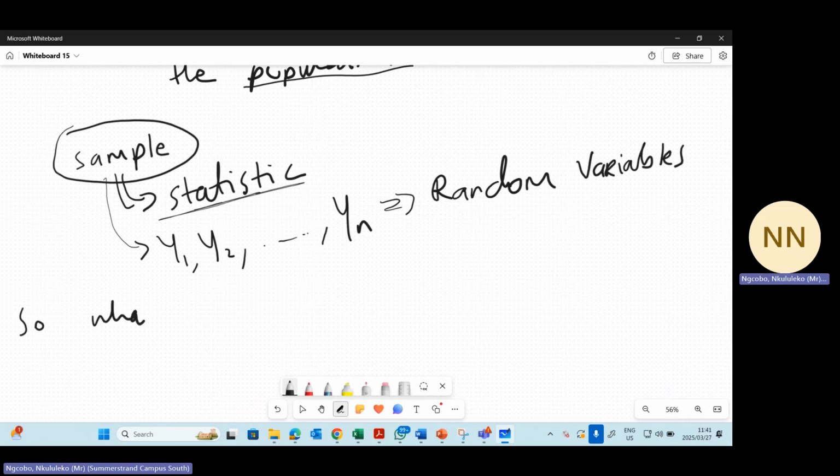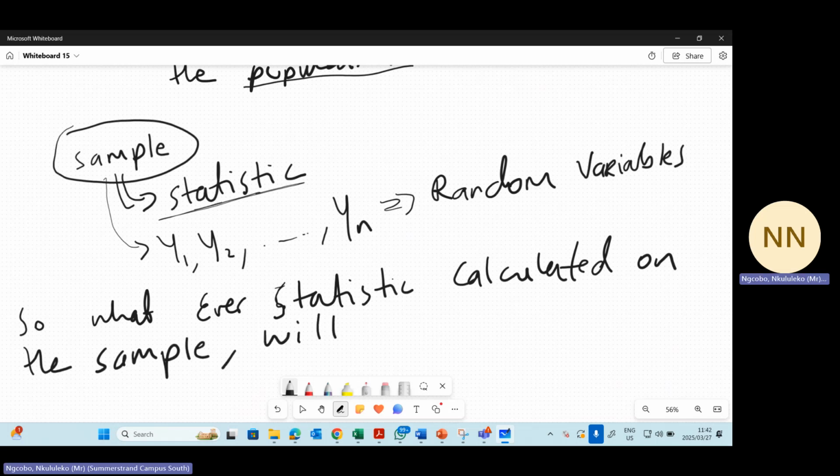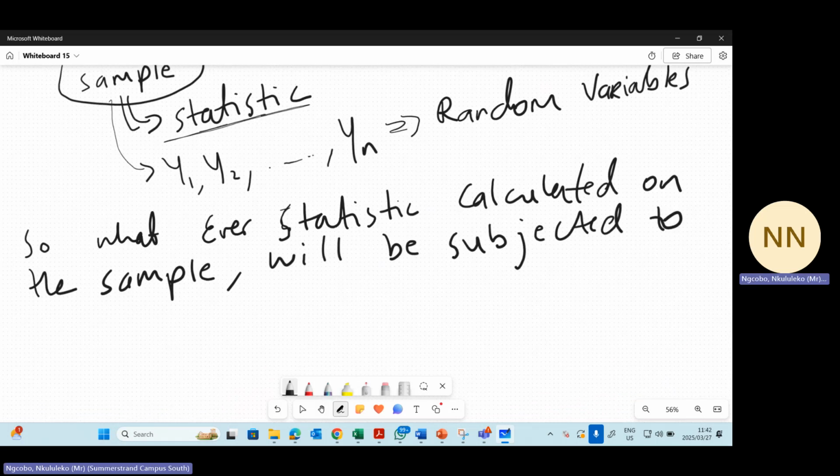Whatever statistic you calculate based on these random variables will be subjected to n, right?